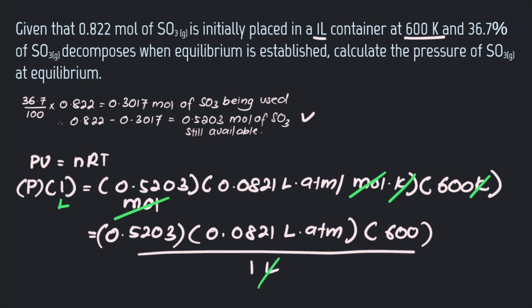This liter cancels, so you end up with the unit in atm. You just have to click on your calculator and you will get 25.6299 atm. That is the final answer for question number 5.